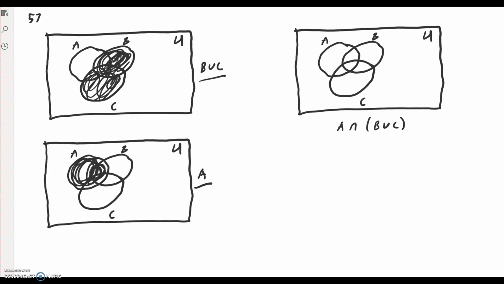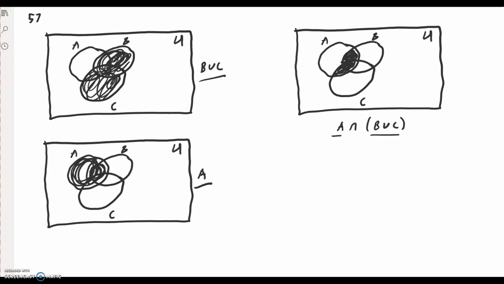Well, they overlap in these three parts right here. So these three parts are a picture of the intersection of A and the union of B and C. It's where these two overlap.